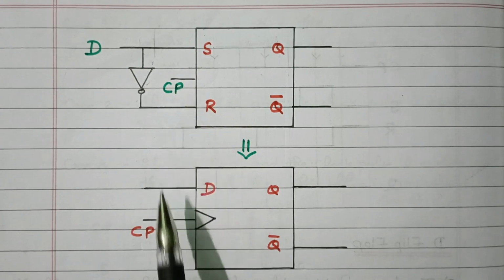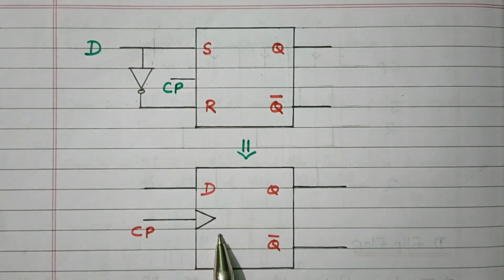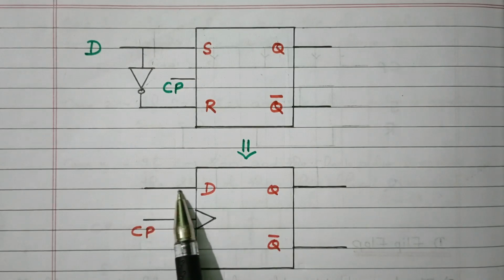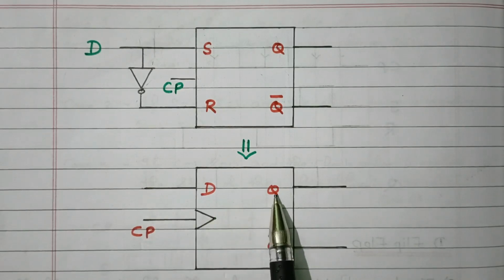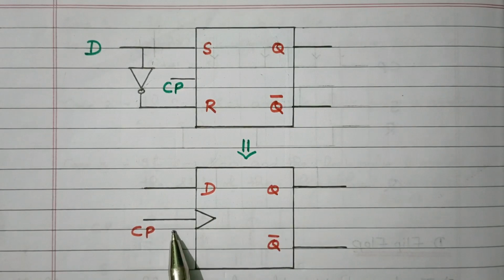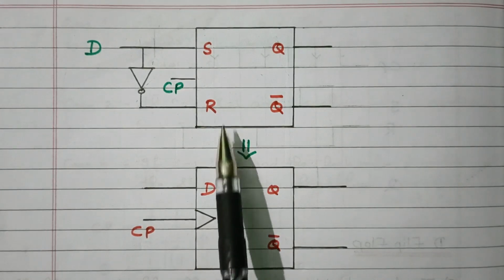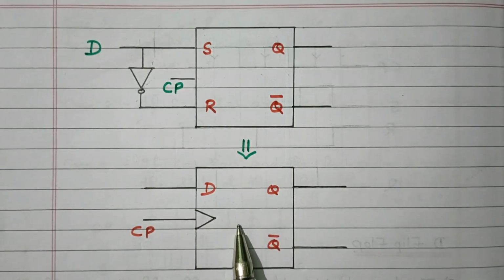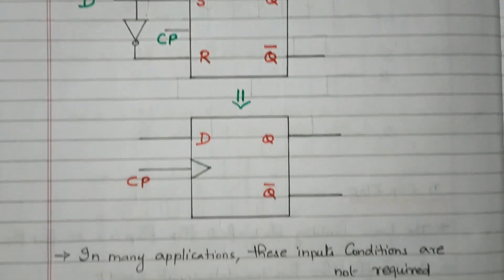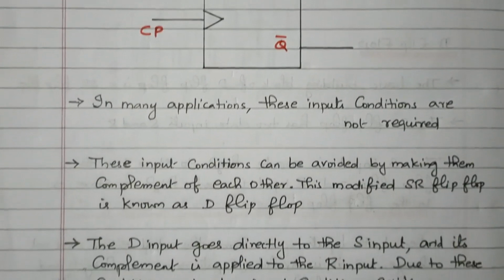This is the clock pulse. So this diagram can be simplified as: D input, only one input, Q and Q bar as the output, and the clock pulse. So this is the basic diagram, and this is the simplified diagram. Now we'll see the further description and truth table.